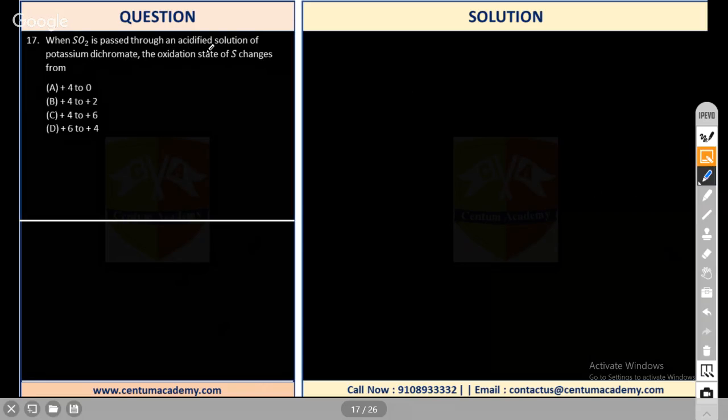SO2 passed over an acidified solution of potassium dichromate. Okay, so potassium dichromate is K2Cr2O7, and this with SO2 in acidified solution. So suppose we have H2SO4, and the product we get here is what?